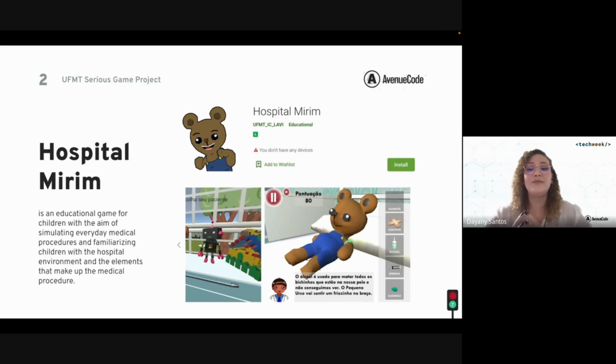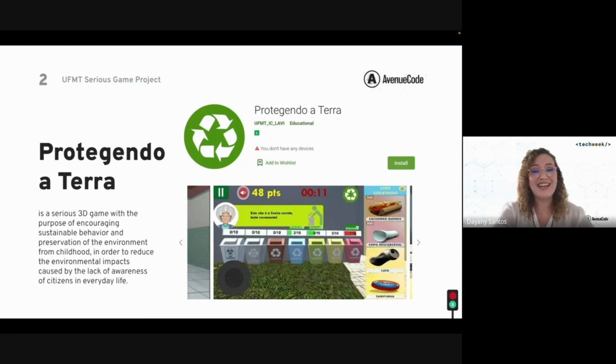This one is Protegendo a Terra, Protecting the Earth, and it is a 3D game with the purpose of encouraging sustainable behavior and preservation of the environment in order to reduce the environmental impacts caused by the lack of awareness of citizens in their everyday life.